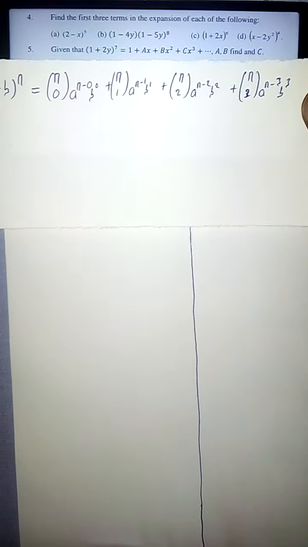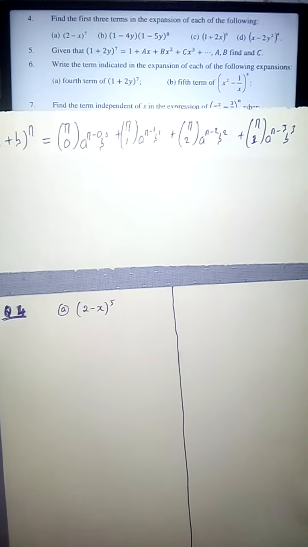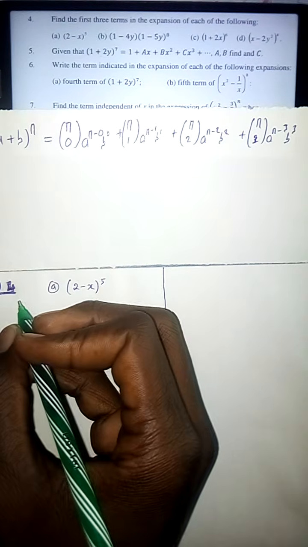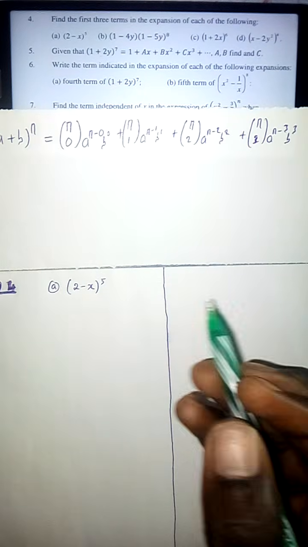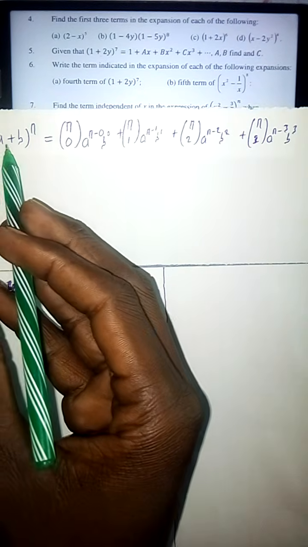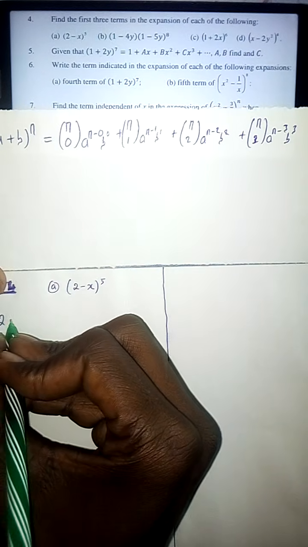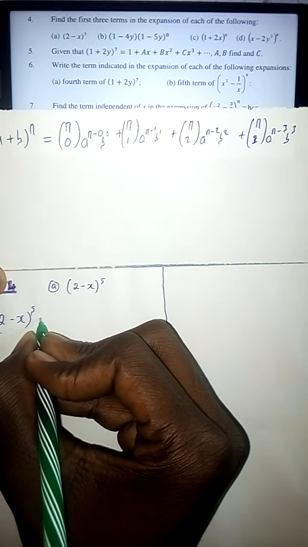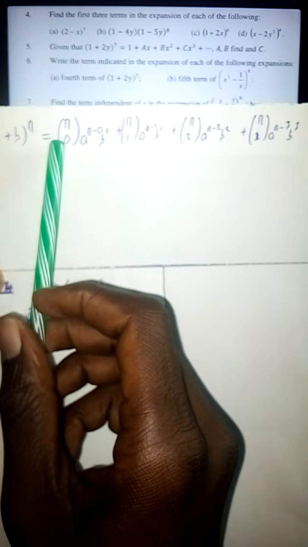All right, so there is our formula, and I already wrote this. So we'll start replacing. a plus b to the power n, simply this part, so 2 minus x to the power 5, being equal to, but we are only interested in the first three terms, which is this one, this, and this.